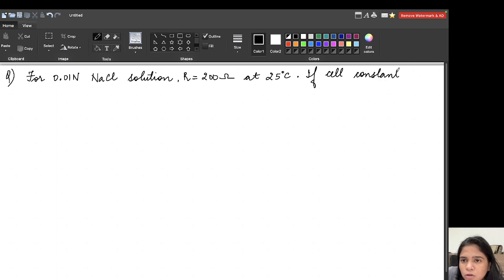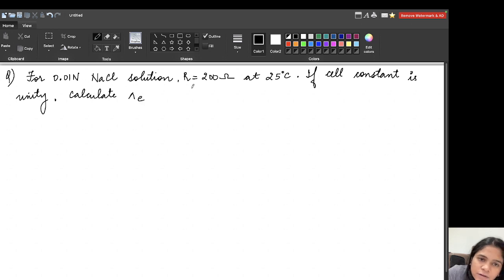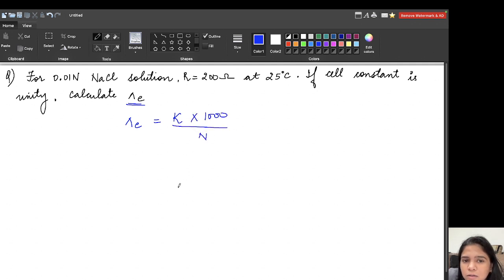If your cell constant is unity, meaning 1, calculate the equivalent conductivity. We know the formula, kappa into 1000 by N, and everything is already given.